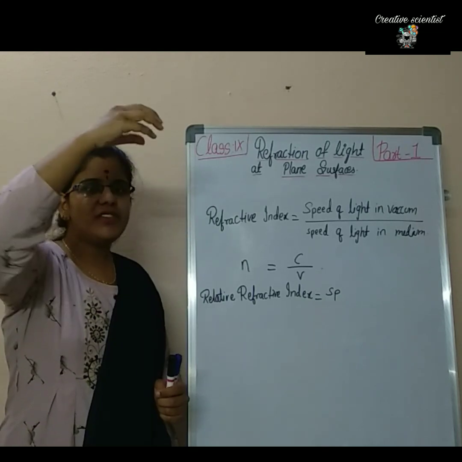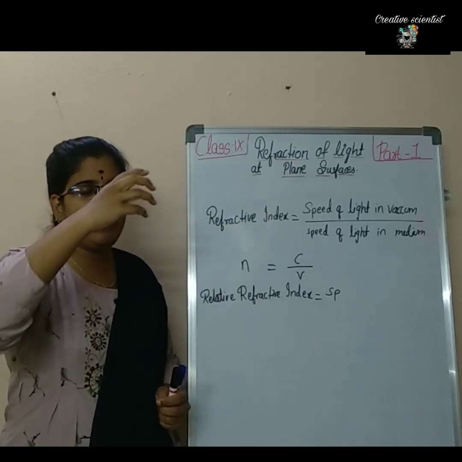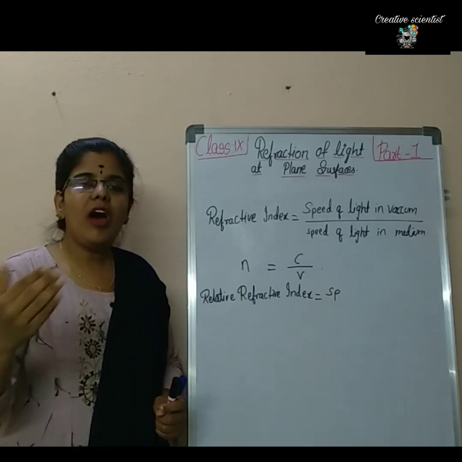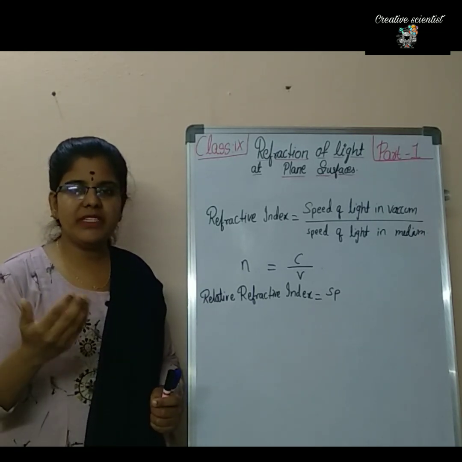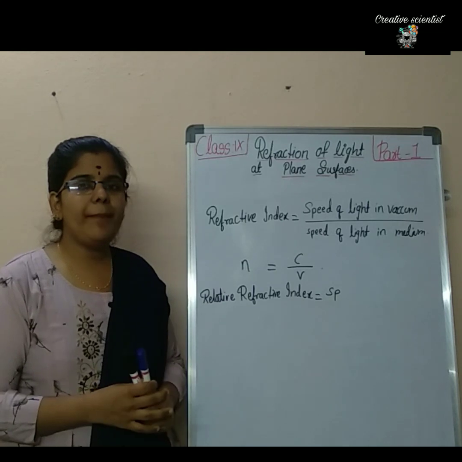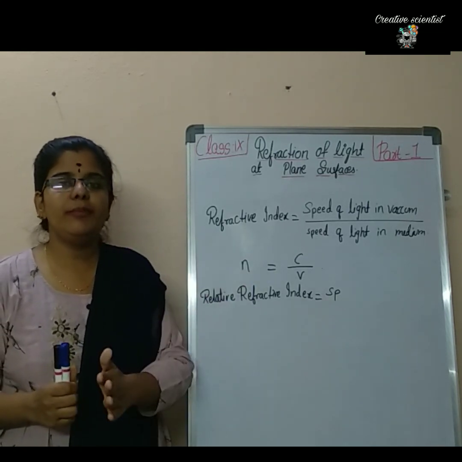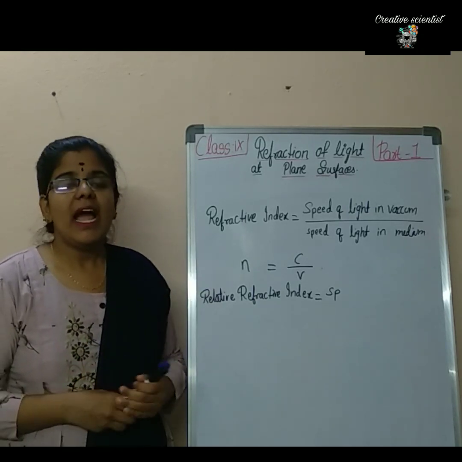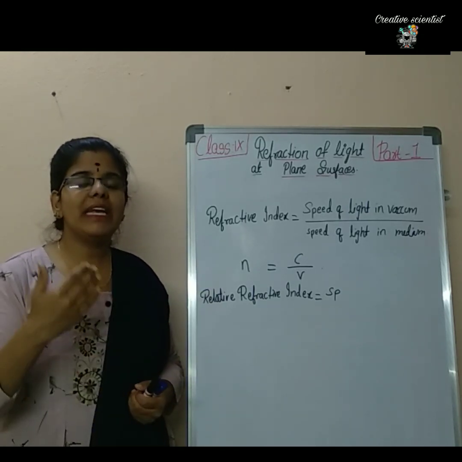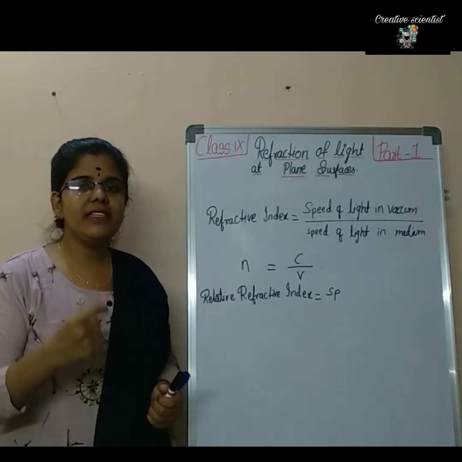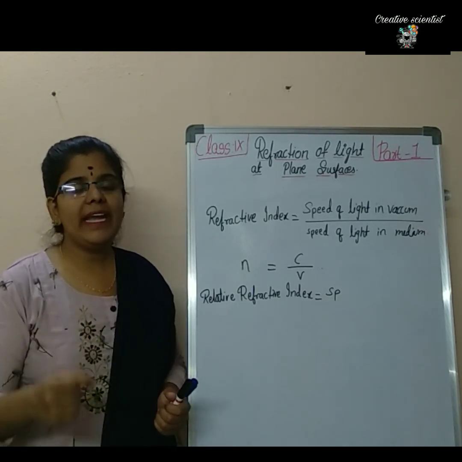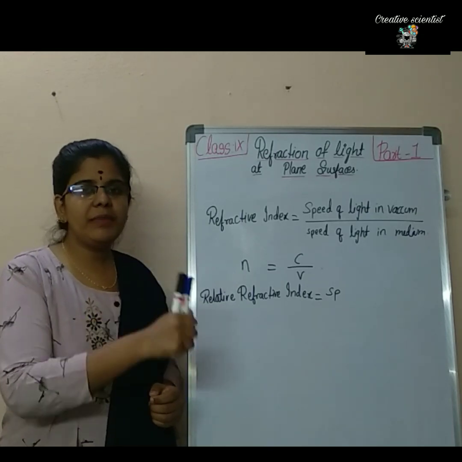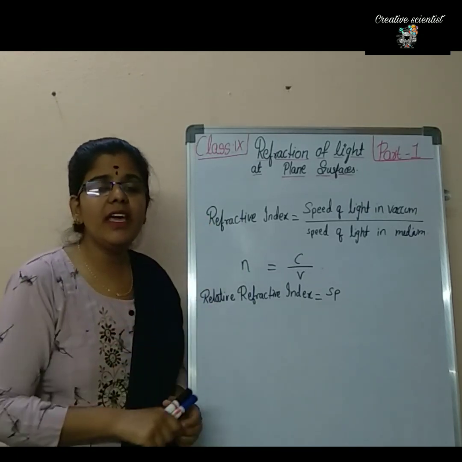Now the light has to travel from space and enter into the earth's atmosphere. Then it has to enter into the water or any other object present on the earth. So there is a variety of changes in the mediums. In vacuum, where no molecules are there, the speed of the light will be greater. It is equal to 3 into 10 power 8 meters per second. With that much speed the light will be traveling in the vacuum.